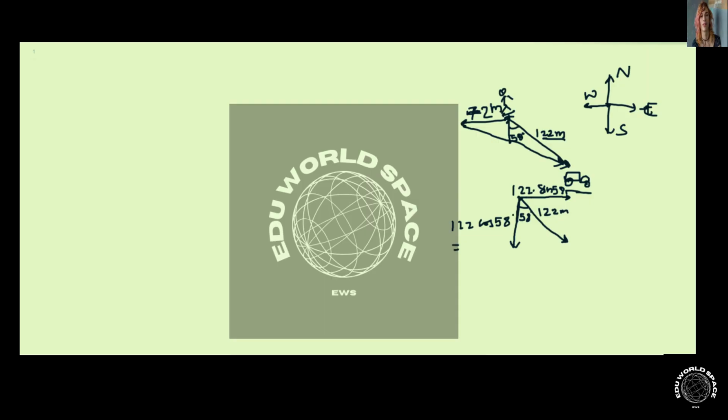Now, by plugging this into a calculator, we can see that the vertical component 122 cos 58 is 64.65 meters, and the horizontal component 122 sine 58 is 103.46 meters.